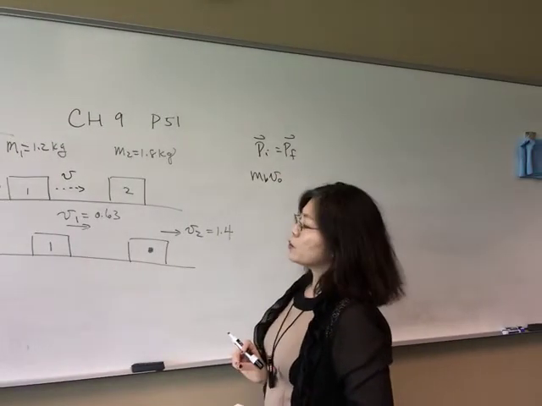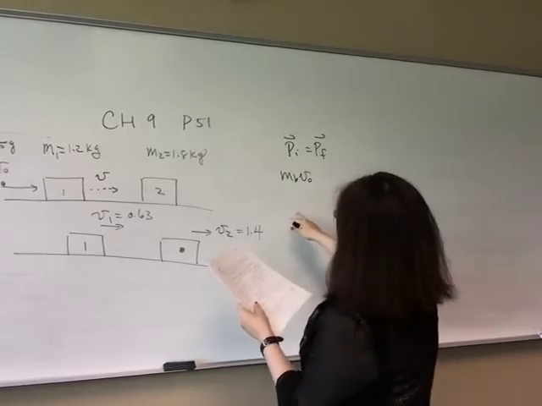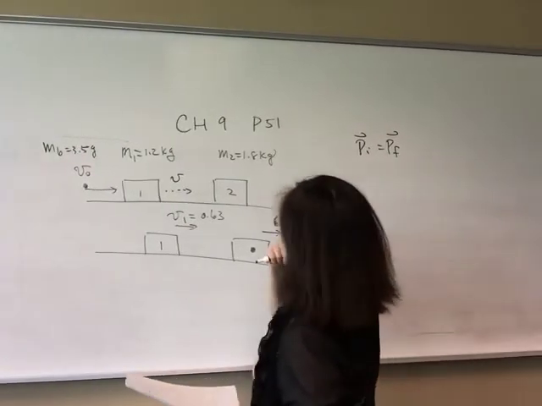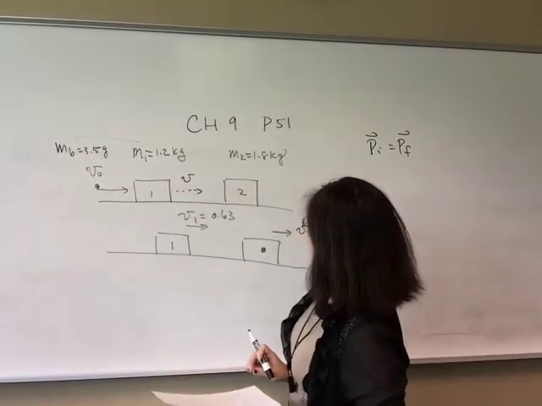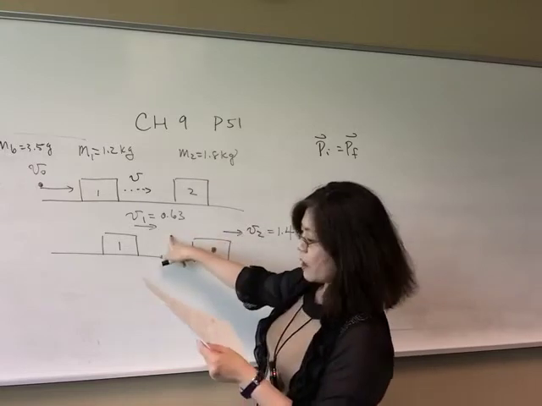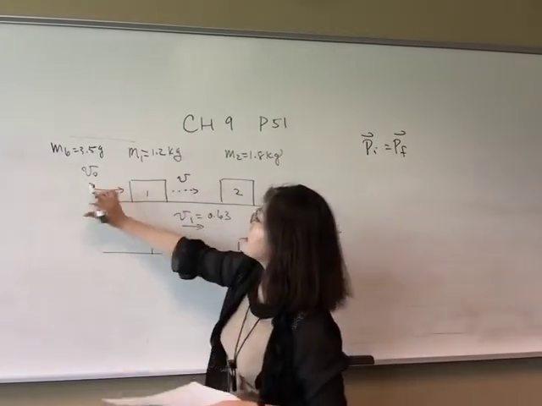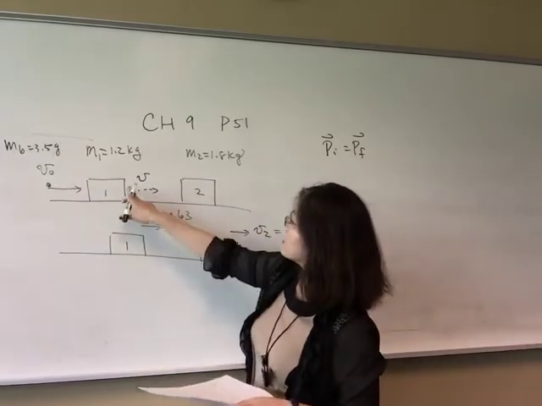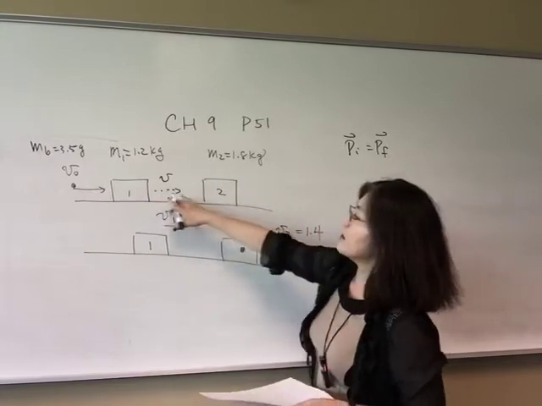That's the only term that contributes to linear momentum, because the 2 blocks are initially motionless. Then, once the bullet strikes the first block, it emerges with the velocity v.